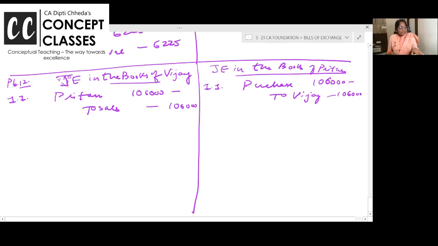Next, Preetham immediately accepted the bill, which is drawn. Preetham accepted. So who has drawn the bill? Vijay. Bill drawn. Bills receivable to Preetham. Preetham ने तो accept किया, तो bill draw कौन करेगा? Vijay.